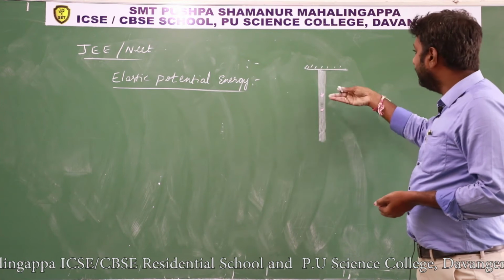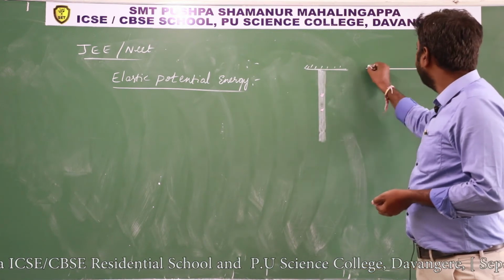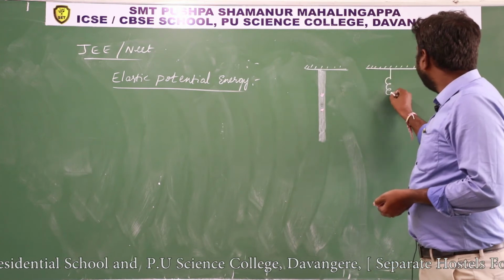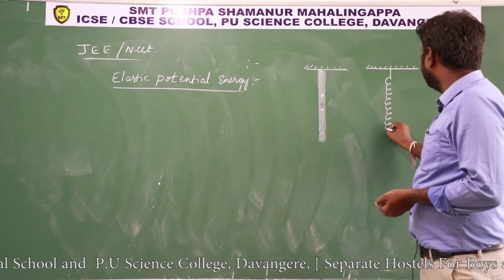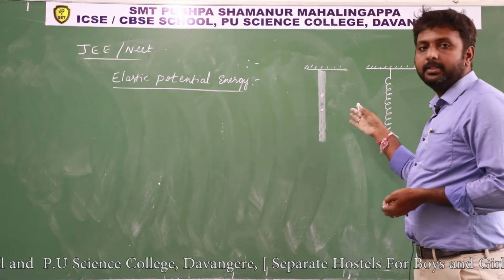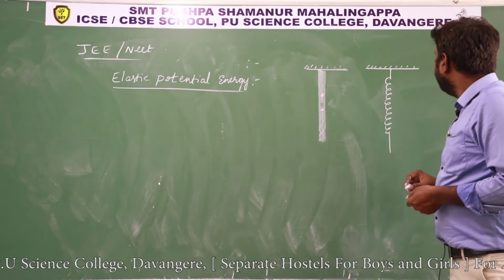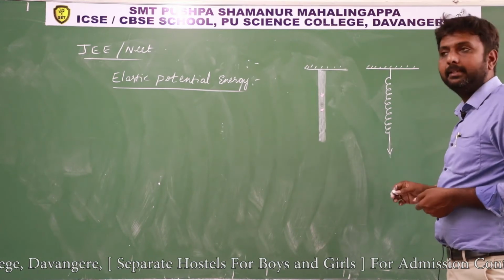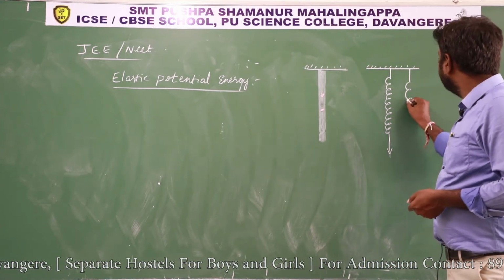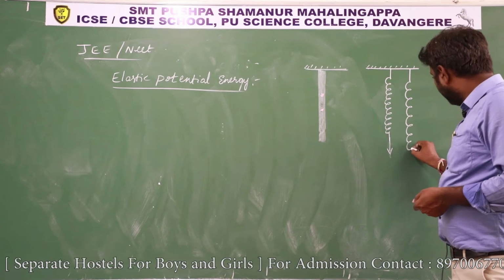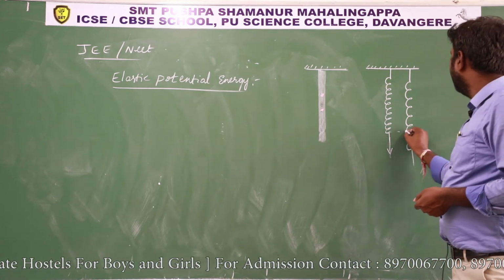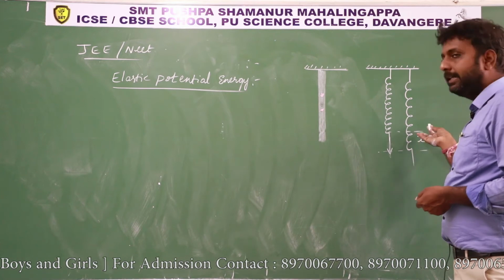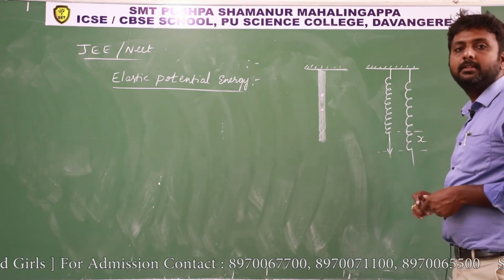To understand this elastic potential energy, we have to take an example of a spring. Okay, the same analogy here. That means if you apply force on the spring, then what happens? The spring will expand. The spring expands by what distance? Let us consider it as x distance.